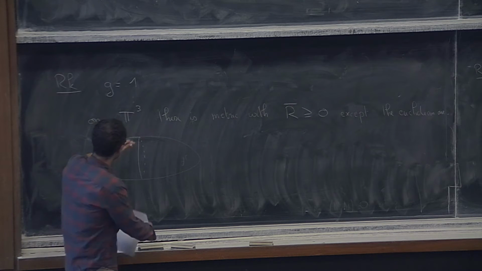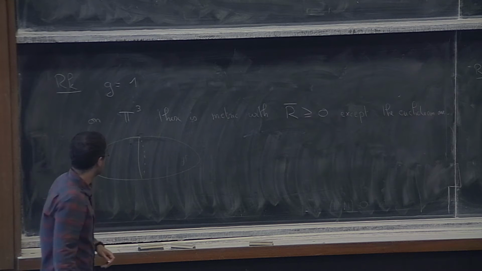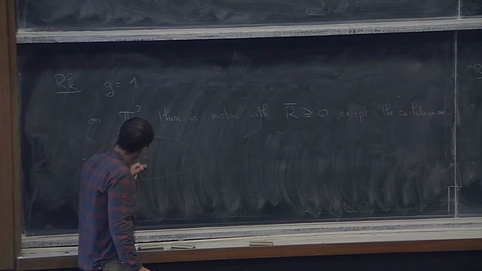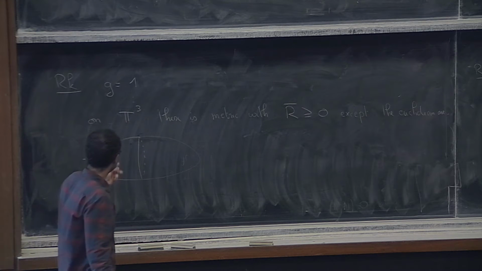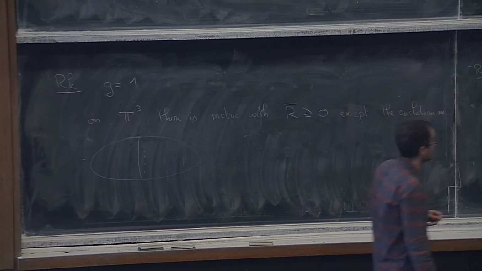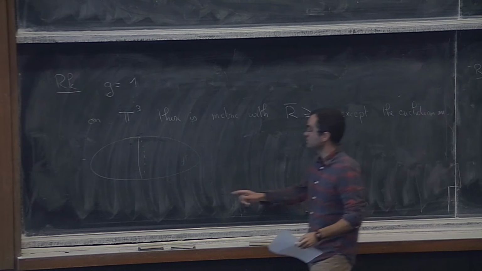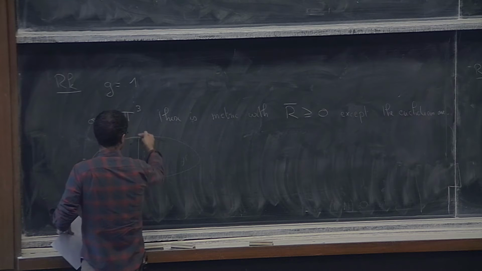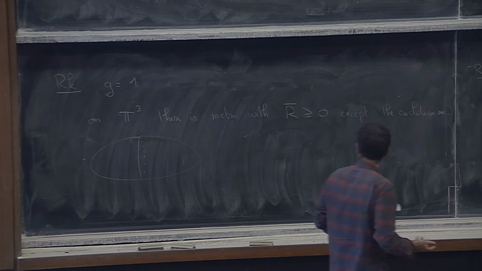You put a metric and you flatten it close to the equator. So it implies that this sphere there is in fact stable. And you can do this also by assuming that the scalar curvature is strictly positive. Because you have another contribution to the scalar curvature except Ricci, which is the sectional curvature of this sphere, which could be chosen to be equal to 1. So there is no problem with this.